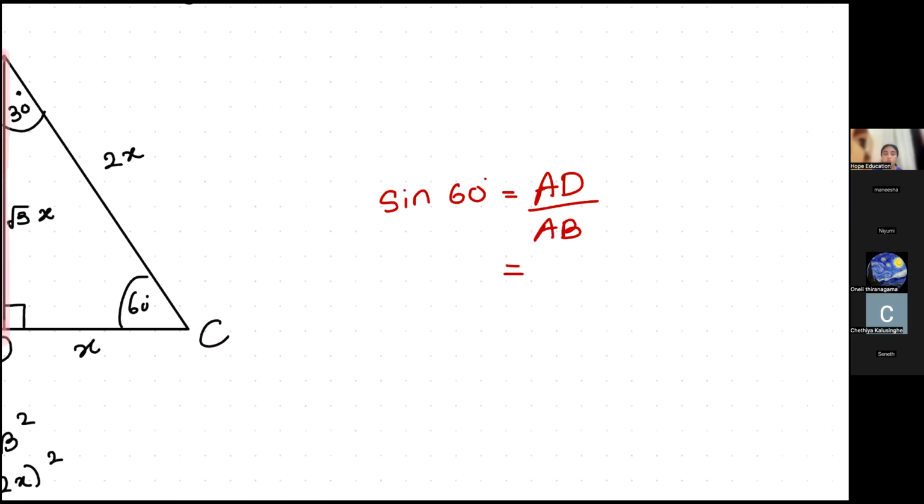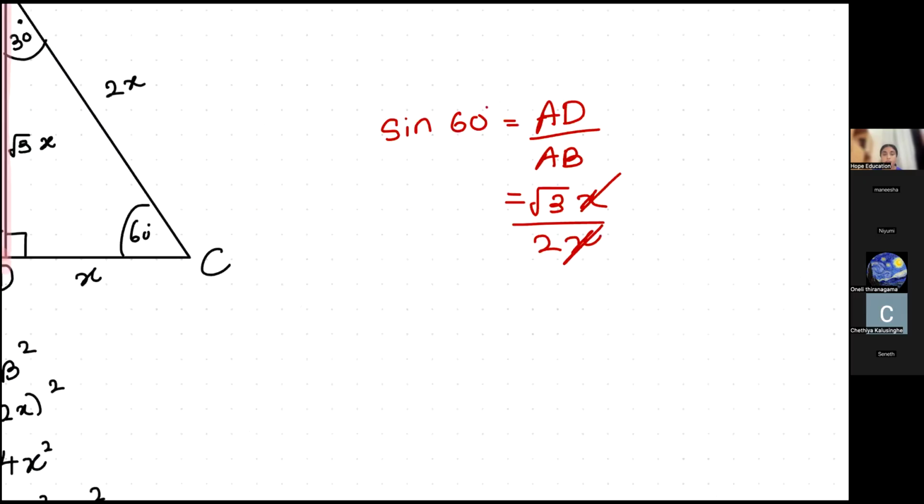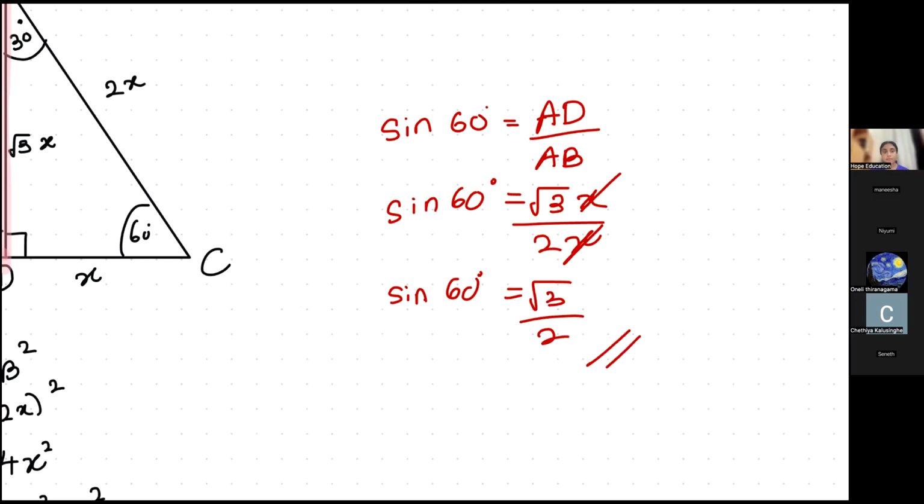So root 3x divided by 2x, the x cancels, so sin 60 we get root 3 over 2. That is sin 60.